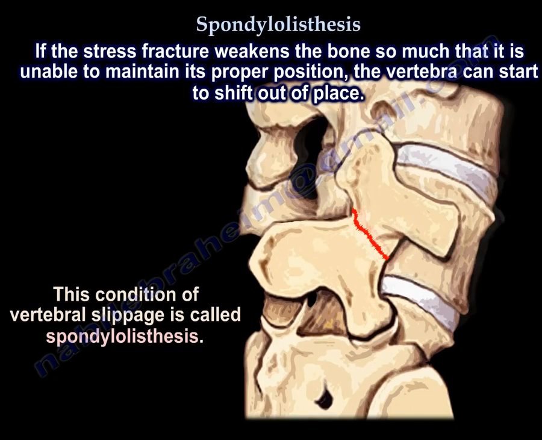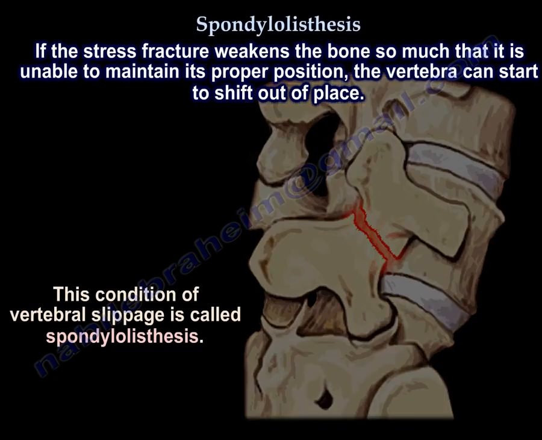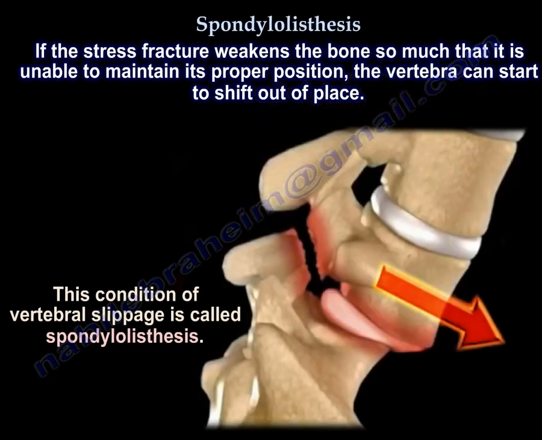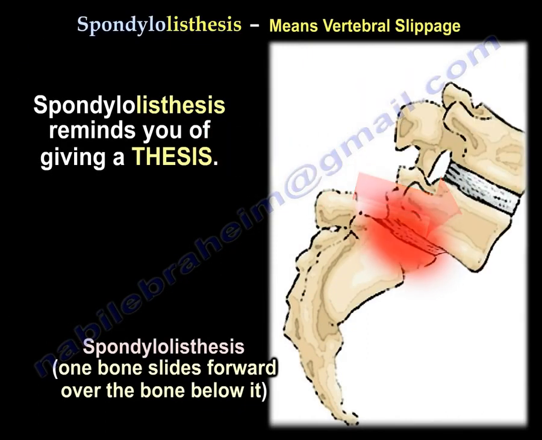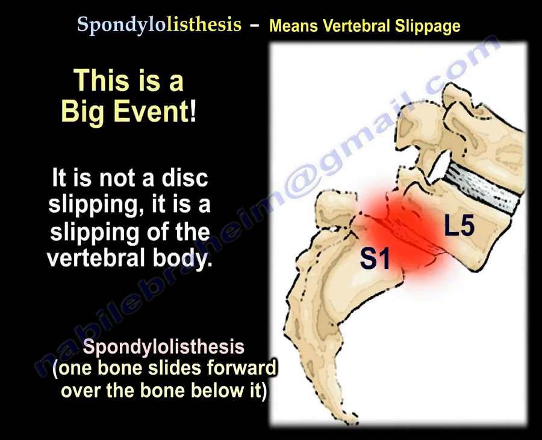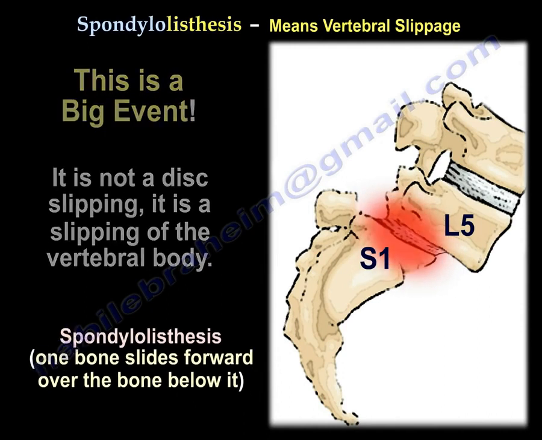Second one, the spondylolisthesis. Listhesis is a big deal, means it is slipped. It is a slippage of the vertebral body, not a slippage of the disc. One vertebral body is slipped forward over the other.